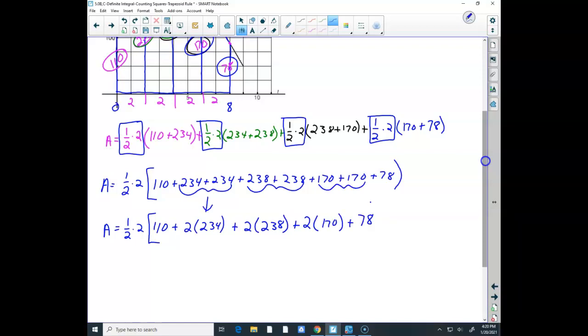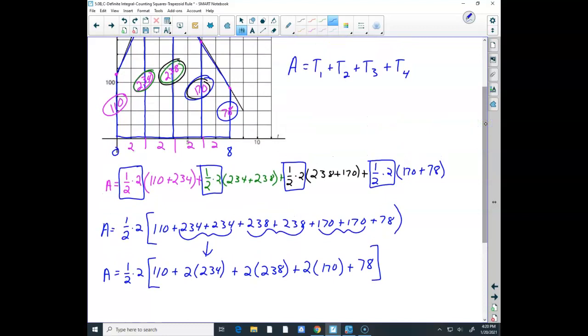So just notice there's an ease of calculations with the trapezoids, and if you're asking why I can pull it all out, well, the height is the same for all of them, and it's 1/2 the height, because that's why I did equal widths or equal heights here. That was the point. And if you think about it, this 110, that leg was used one time for the first one, but this 234 was used for trapezoid number 1 and number 2.